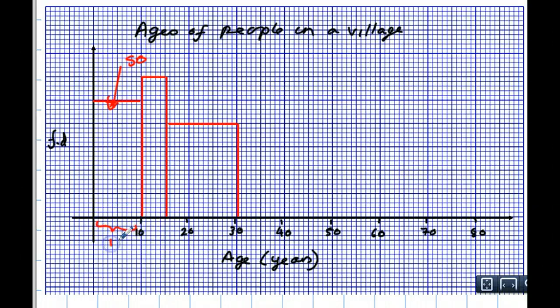It's 10 wide, so therefore this frequency density here must be 5. Now, if I look carefully, I see that that's actually 5 large intervals from the horizontal axis. So I think I can work out that each of these larger squares, the one that contains 5 smaller squares, must be a frequency density of 1.